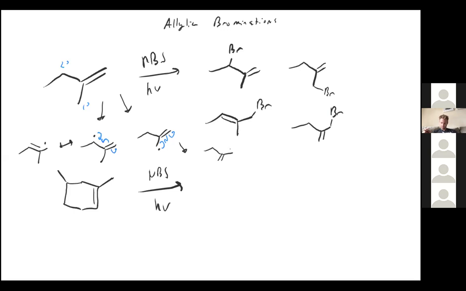So taking a look at our bottom one, we're going to have probably 6 products. We've got a secondary, a primary, and a secondary center here. Someone asked, are the second and the fourth product the same?